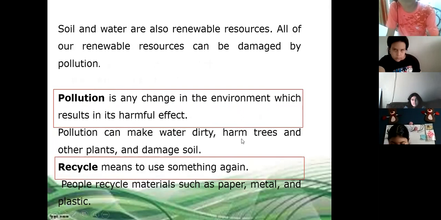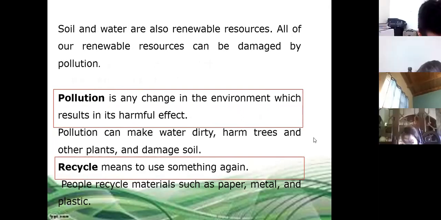We have another definition also. What is pollution, class? Is any change in the environment which results in its harmful effect. That's right. Pollution, any change in the environment. We can have pollution in the air. It can be air pollution, water pollution. It can be land pollution.